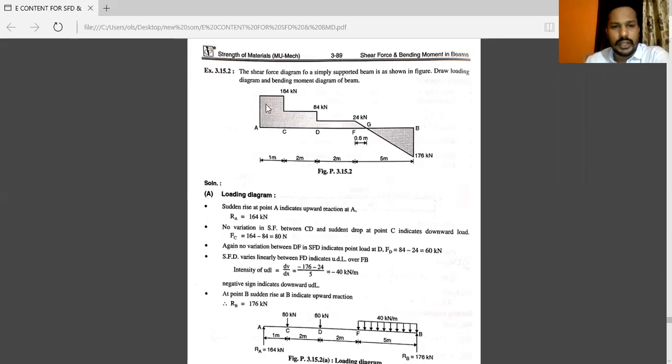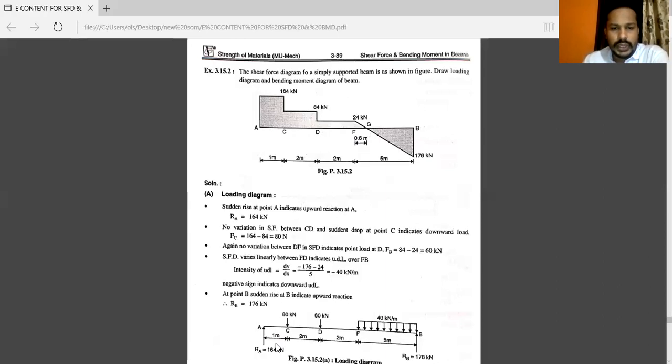Draw this diagram very carefully. After that, draw the vertical dotted lines at every point: at A, C, D, F, G, and B. Here I am showing you both things, the SFD as well as the loading diagram.